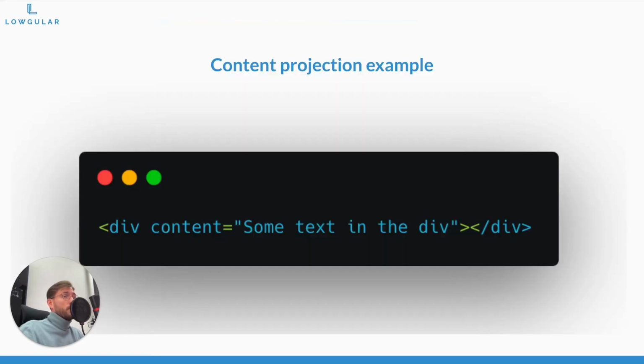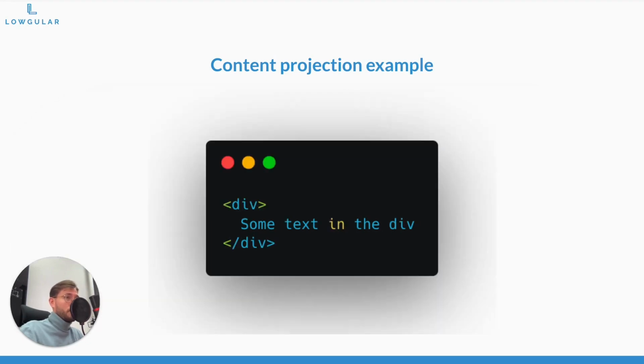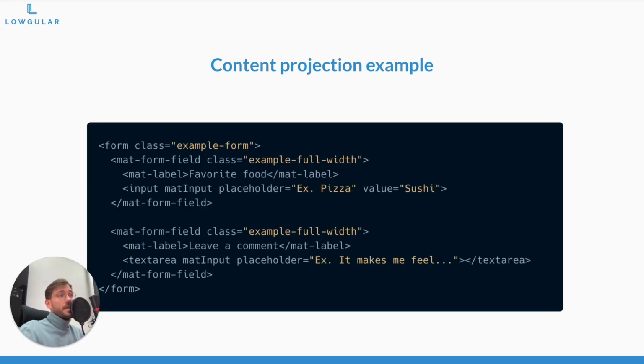And it's super natural, because let's see some native HTML elements like div. We are not passing content as an attribute or Angular input. We use content projection, and thanks to that we can put into divs not only text but whatever we want. Let's check out the Angular Material component called matFormField.